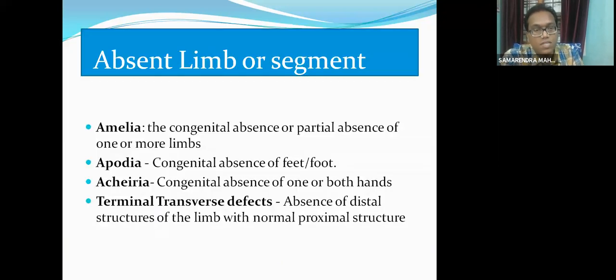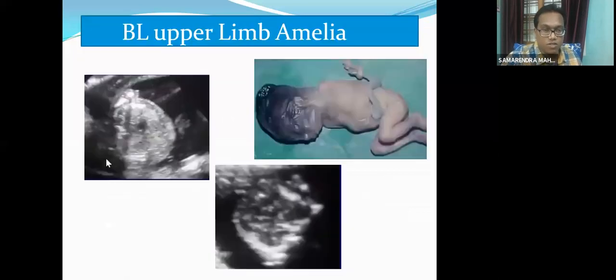So what are the problems in an absent limb or segment? Amelia is a condition of congenital absence or partial absence of one or more limbs. Apodia is the congenital absence of the foot. Achiria is the congenital absence of the hands, and there is terminal transverse defect, absence of distal structures of the limb with normal proximal structures.